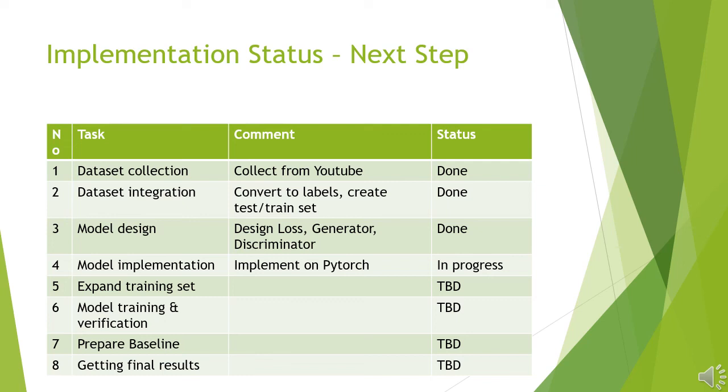As shown in the previous slide, we have already finished the model design of the loss function, the generator, and the discriminator. We are currently in the process of model implementation in PyTorch. Once we finish this implementation, we will move on to our next tasks, which are shown as to be done.